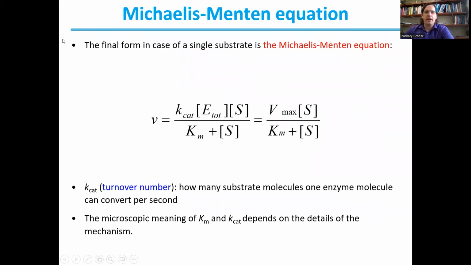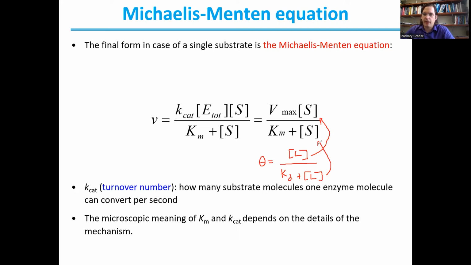You might notice in our actual Michaelis-Menten equation, it actually looks very similar to the equation for a ligand binding to a protein. So remember, in our ligand binding equation, we had the total fraction of ligand bound to our protein was equal to the ligand concentration, which again corresponds to our substrate concentration here, divided by the Kd plus the ligand concentration.